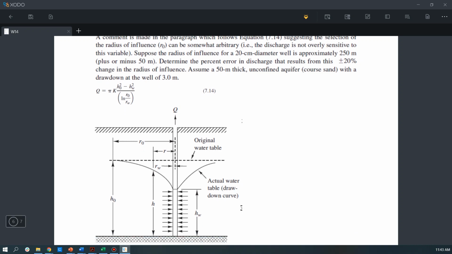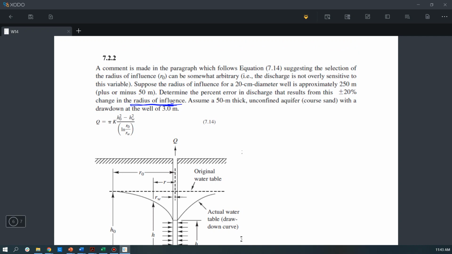Okay, so basically we want to evaluate if we have small disturbance in this radius of influence, how does that affect the discharge?